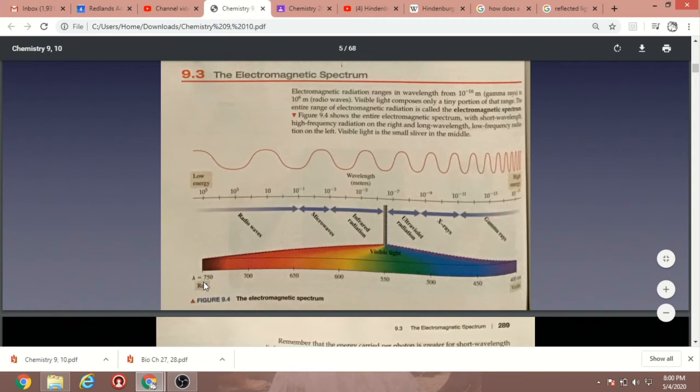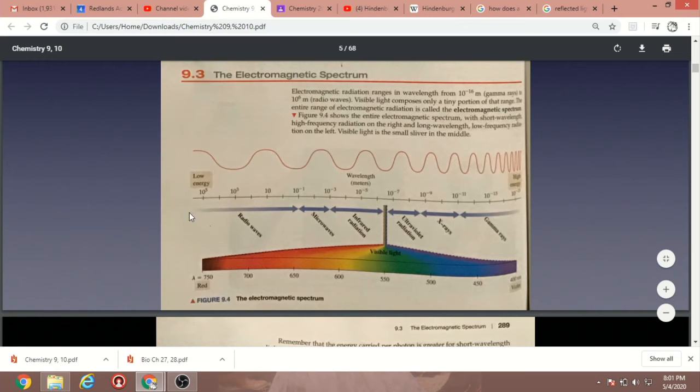Red has a long wavelength, 750 nanometers. That's long compared to 400 or 450 of the blue or purple. Since these wavelengths are shorter, blue and purple have higher energy than red. Green has more energy than yellow. Yellow has more energy than red. Green has less energy than blue, and so on, as far as the visible light.